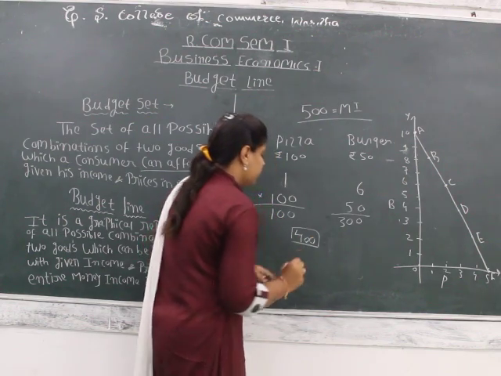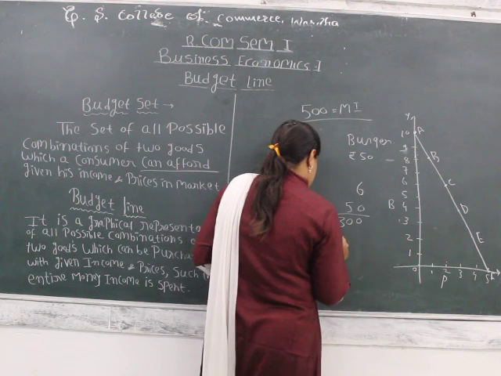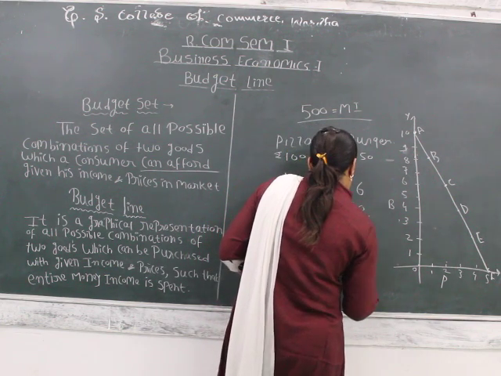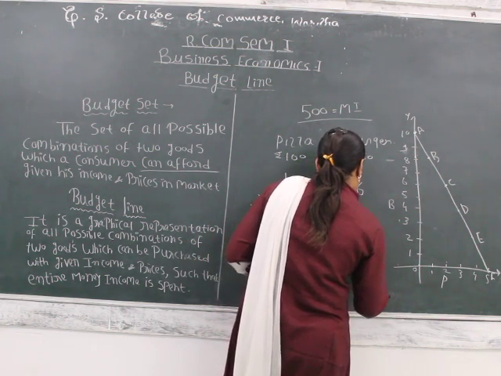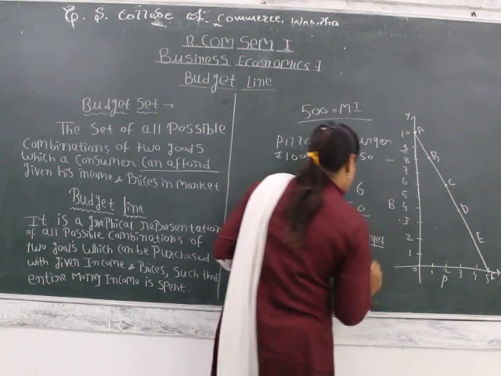Here the expenditure done by the consumer is less than his disposable money income or budget, that is rupees 500.